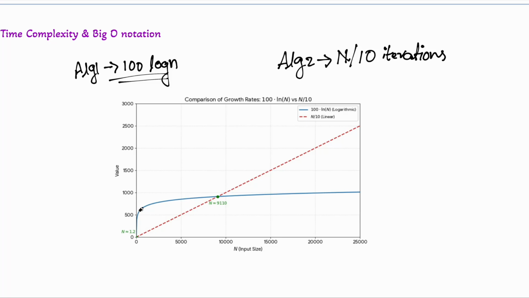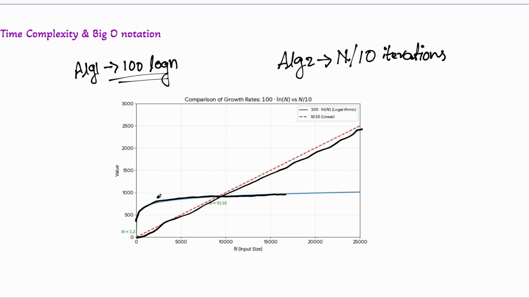Now if we compare the graph here, this is 100 log n, and this one is our n by 10 graph.